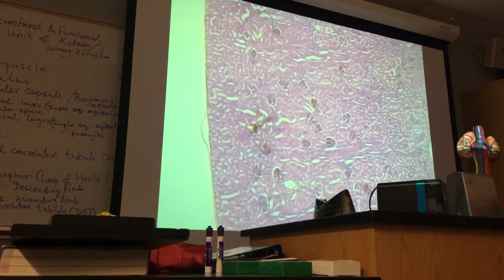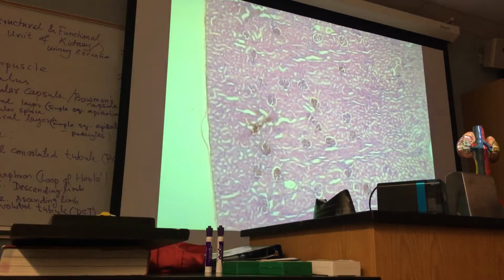When you make a section, the outer portion is called the cortex and the inner core is called the medulla. Do you get that? So here is the renal cortex and this is the renal medulla.